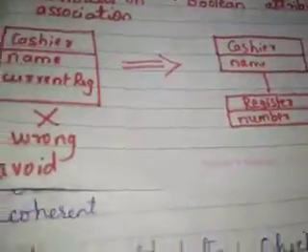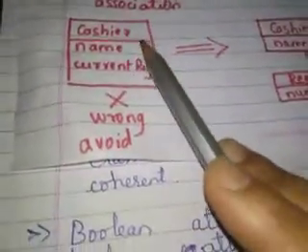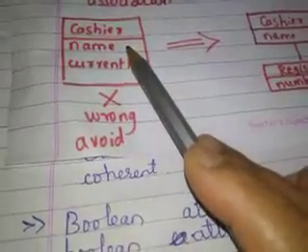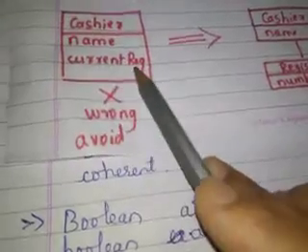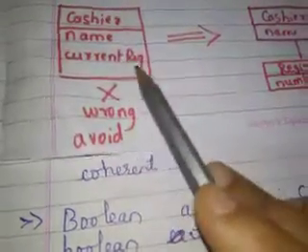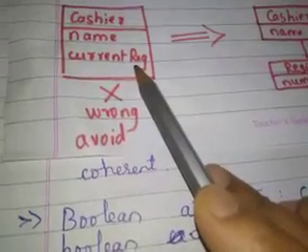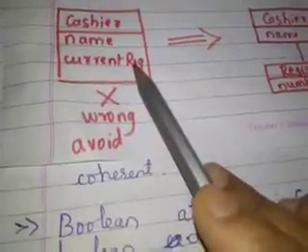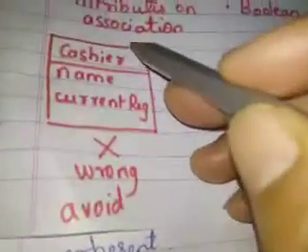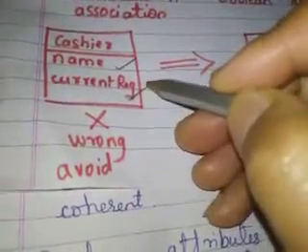Just take the example here. We have created a class called cashier, right? And this particular cashier has some name, he has some employee number, other information. Along with that, I'll add an attribute saying in which register he is making an entry as of now, right? So in the bank we have some registers. In the registers they will be doing the daily transaction entries. Now initially I think that for a cashier I can have an attribute name and an attribute current register.